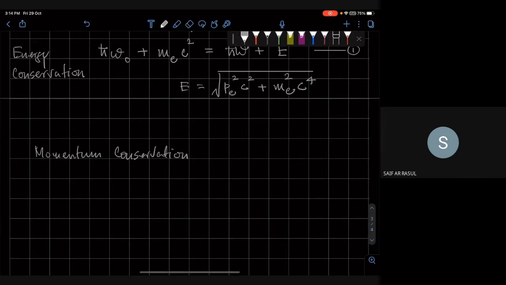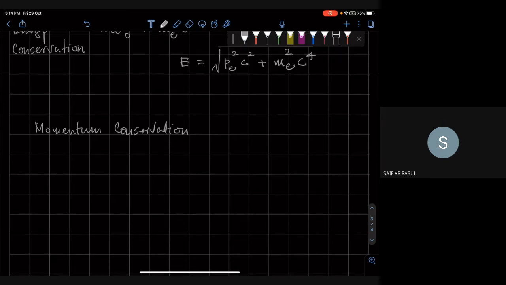Of course, momentum conservation is a vector equation, and the electron doesn't have an initial momentum. So the initial momentum of the system is h bar k naught. Final momentum of the system is h bar k plus p of the electron, right? So this is equation number 2.